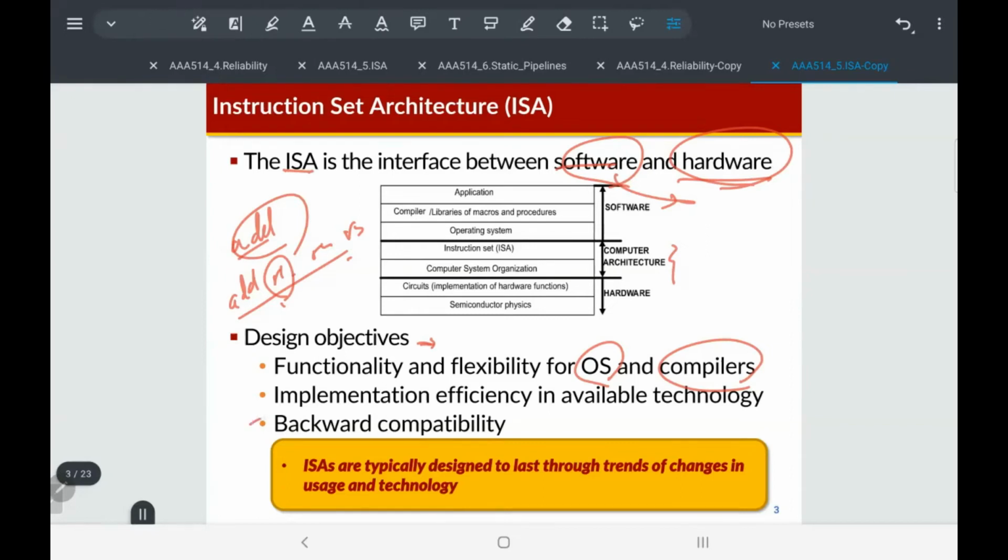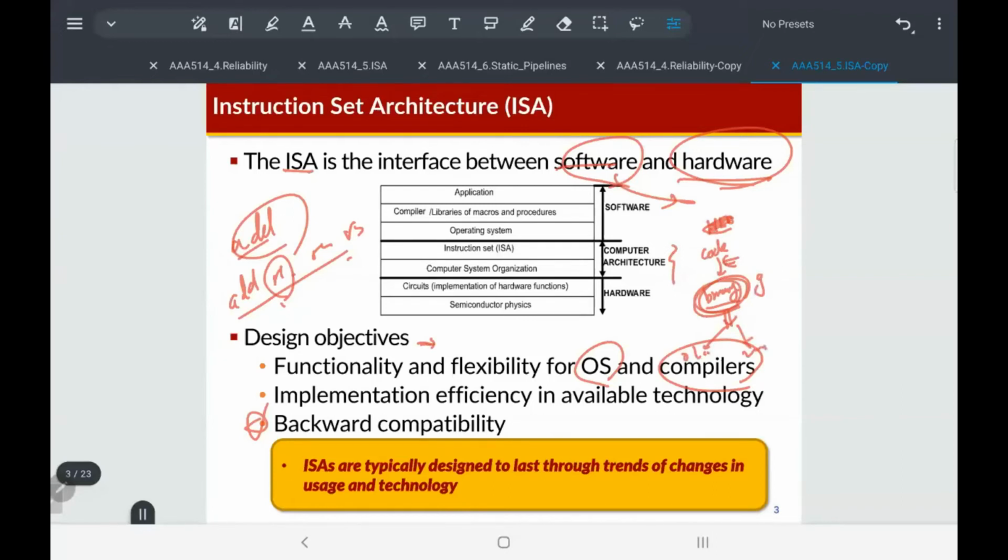Another important issue is backward compatibility. Backward compatibility means that if a certain high-level code is compiled and binary code is generated by the compiler, this binary code should be executed by old computers or modern computers.